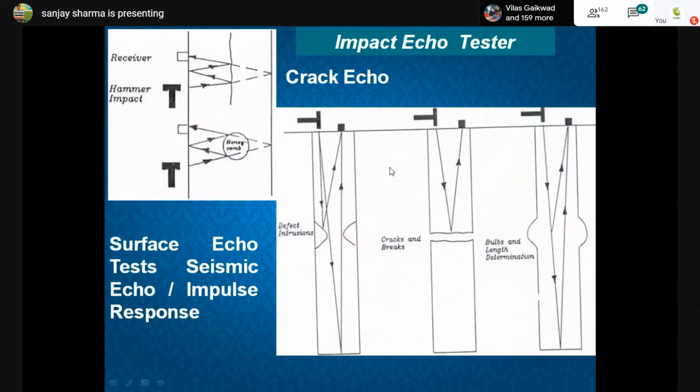You give an impact, that vibration travels down, and any crack will be reflected from here. If it is completely good concrete, it will not. If it is honeycomb concrete, again it is reflected. So you can find out with the help of this pulse echo response any delamination and honeycombing at any depth. This is what you can use this particular test for.